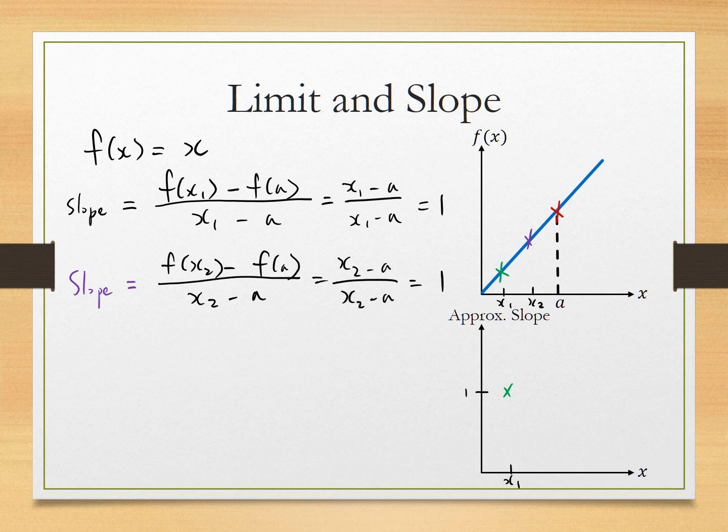So the approximation says that the slope is, once again, 1. Imagine you do this for a lot of points. You would still see that they all give you an approximation of 1. So you have a straight line.